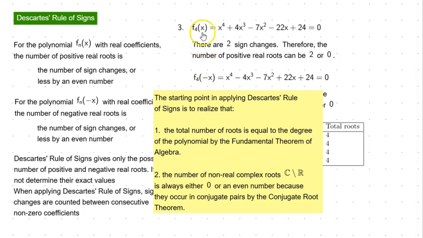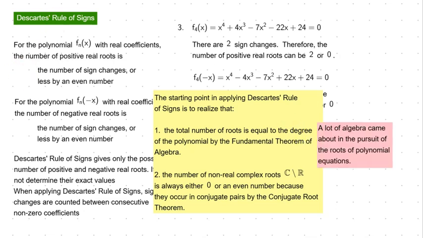So now it shouldn't matter whether we get a fourth degree polynomial equation or a 10 degree polynomial equation. We just apply these rules and we get the nature of the roots.